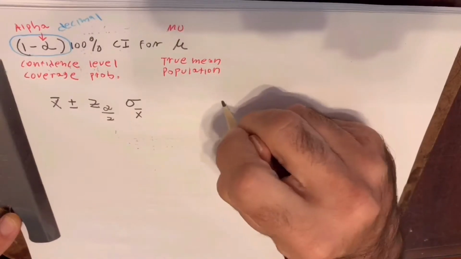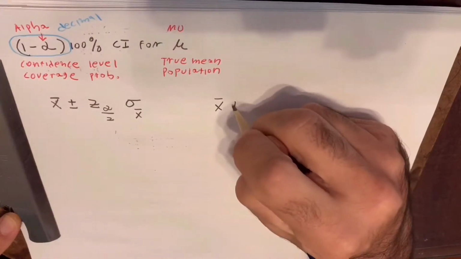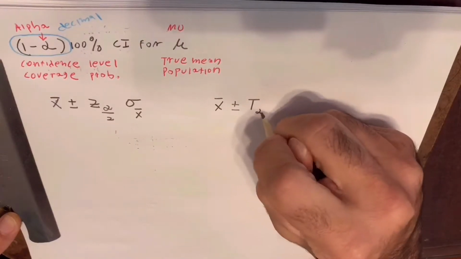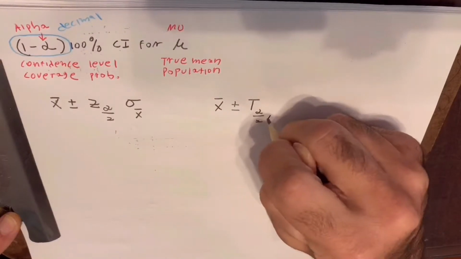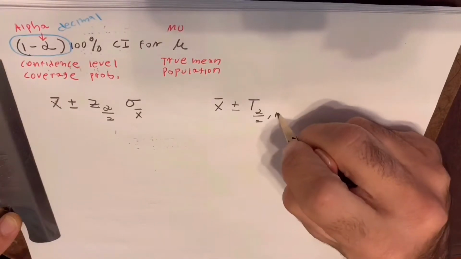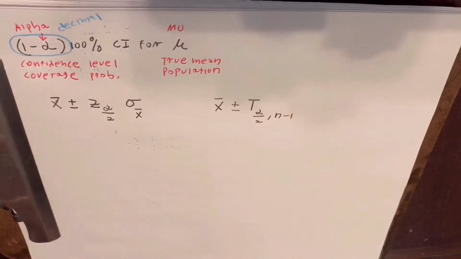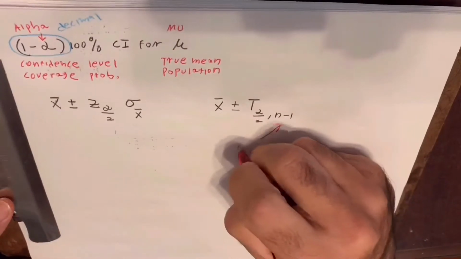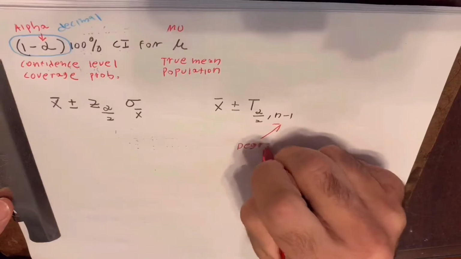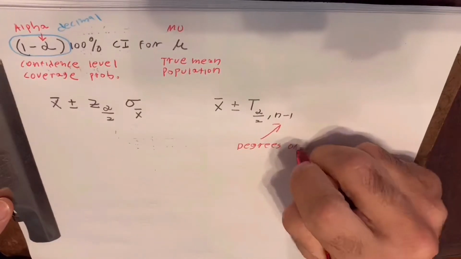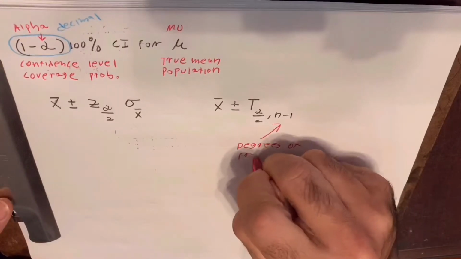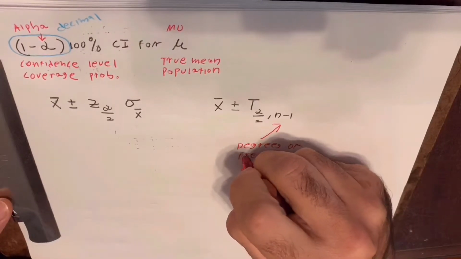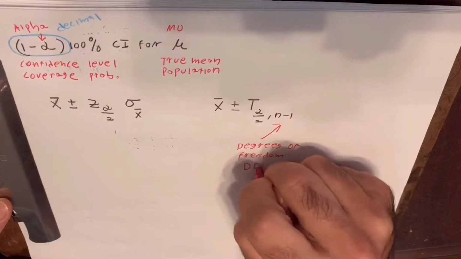And we also have x bar plus or minus, now instead of a z here, a t sub alpha over 2 with n minus 1 degrees of freedom. Degrees of freedom is sometimes just symbolized by df.